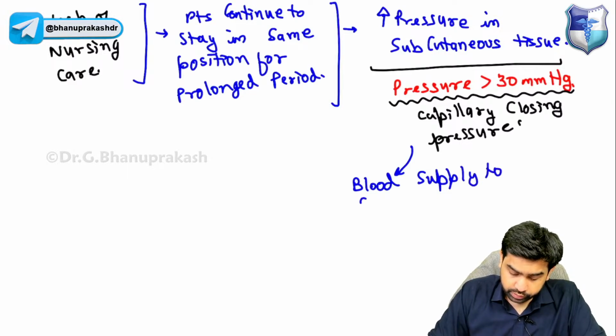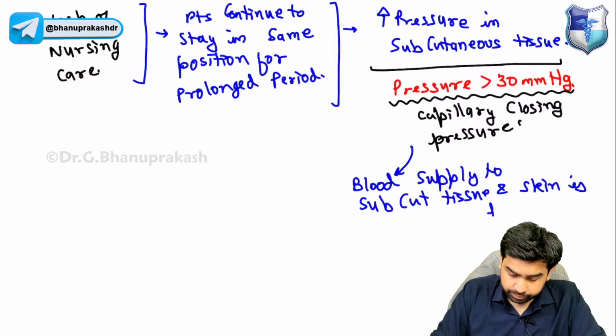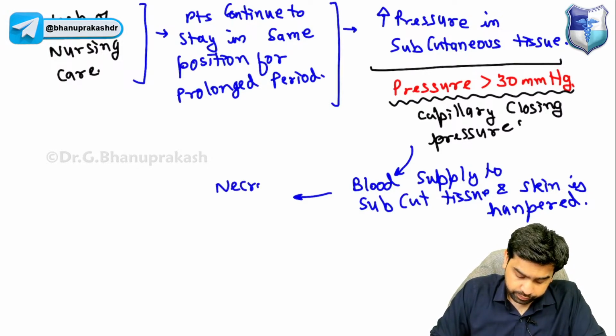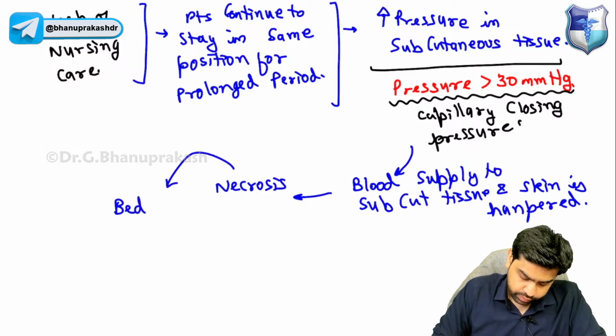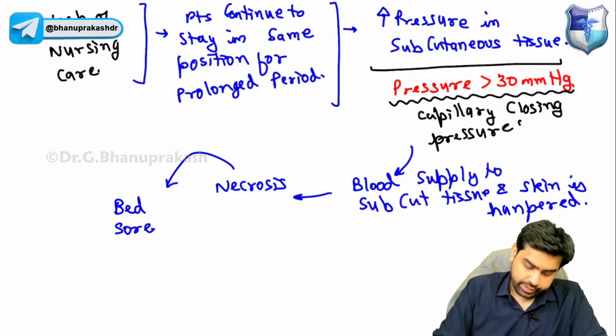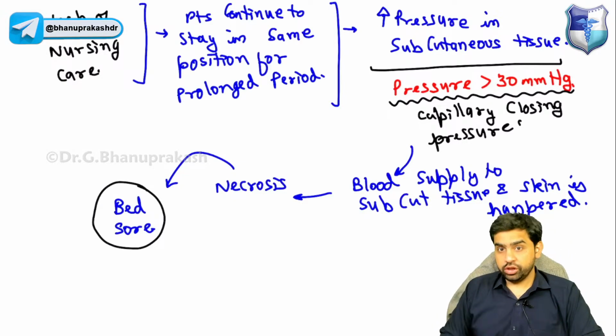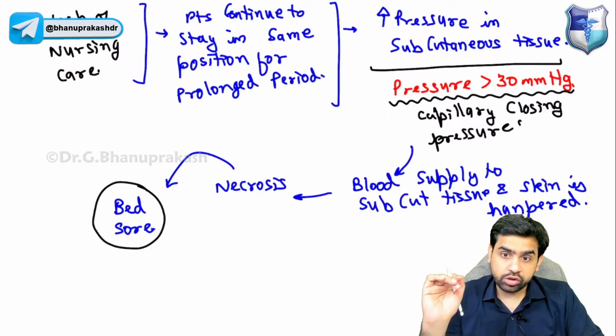There is necrosis and there is development of a bed sore. I hope you're able to understand this point, guys. This is the pathogenesis of the development of a bed sore.